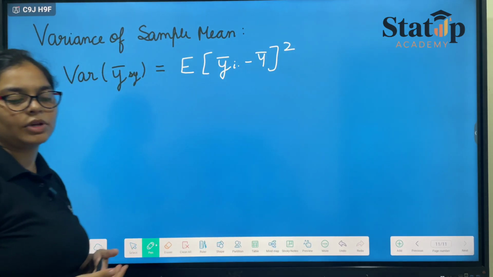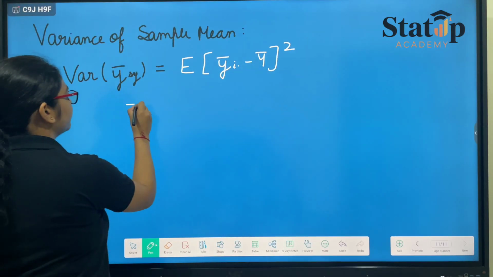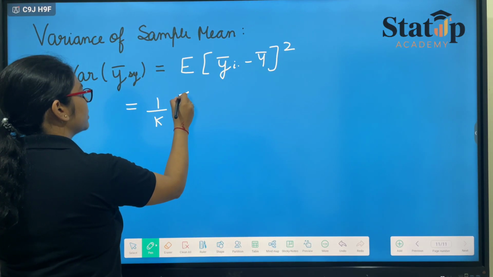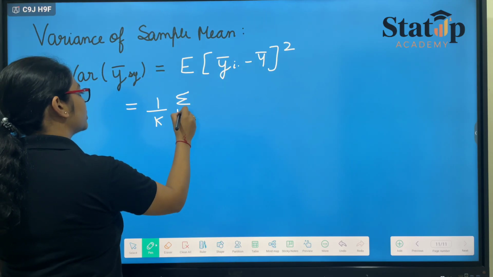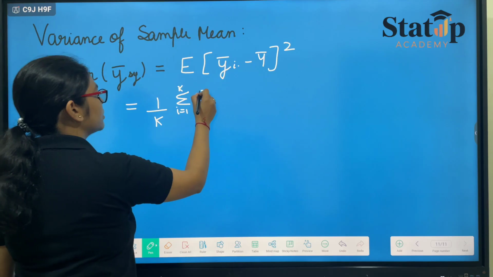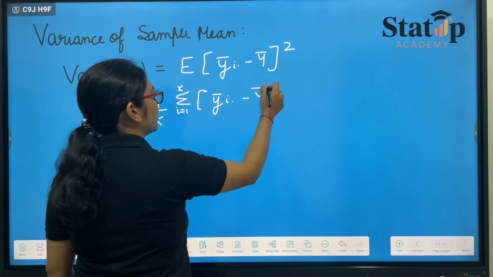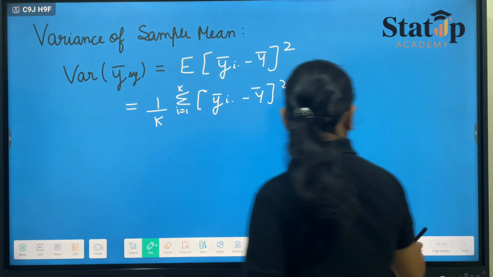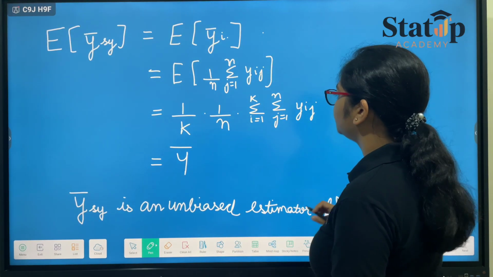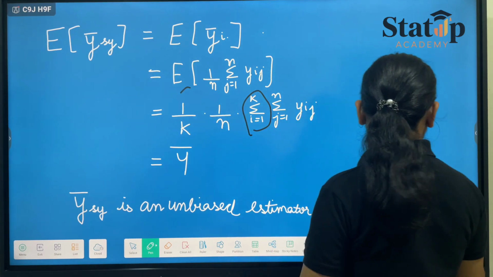Now removing the expectation, we multiply it with probability. So it will be 1 upon k summation i goes from 1 to k of y bar i dot minus Y bar whole square. Here also we had forgotten to put the summation. Okay, we have put the summation here, after removing the expectation sign.